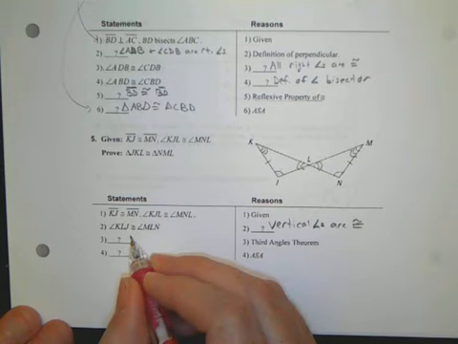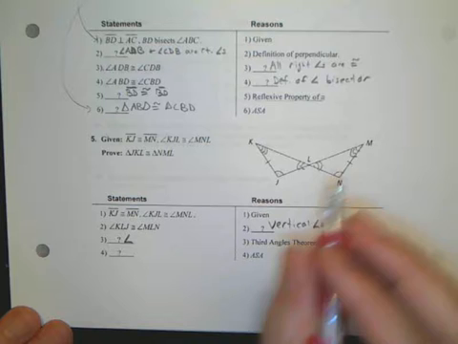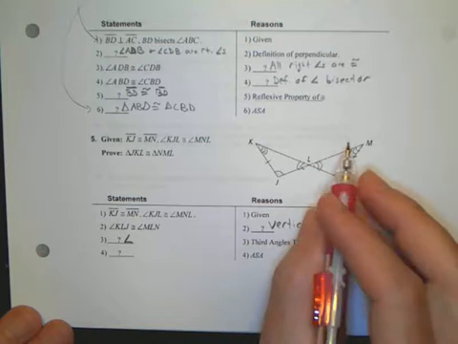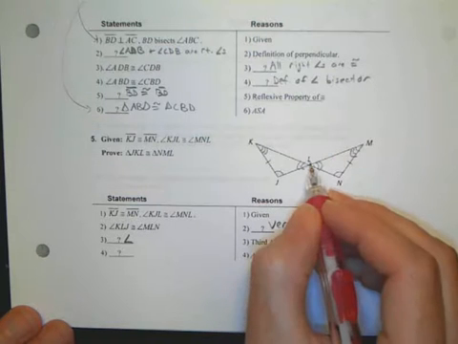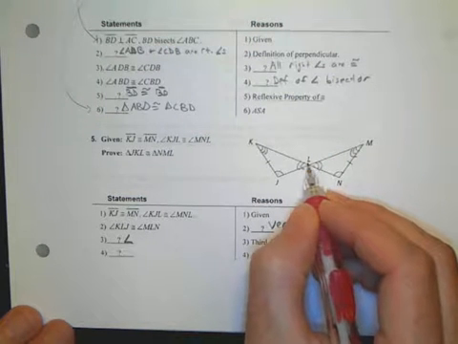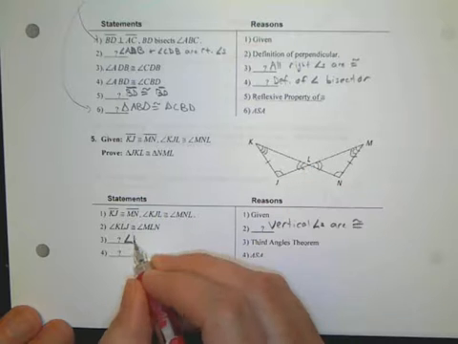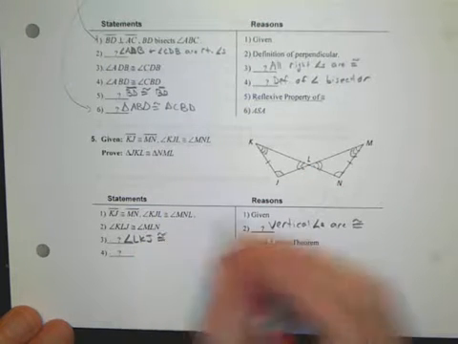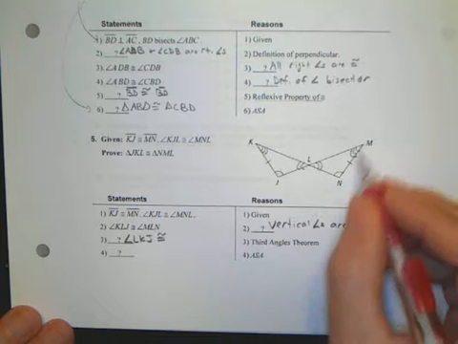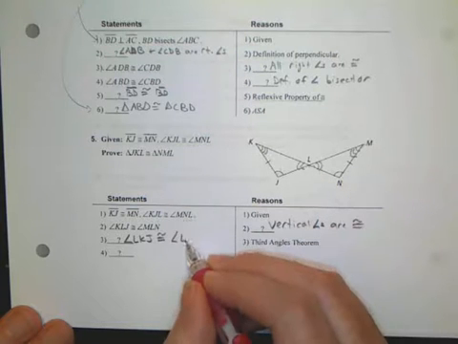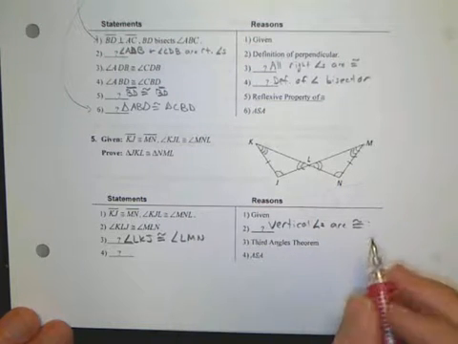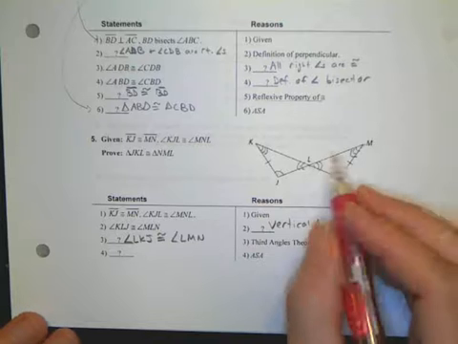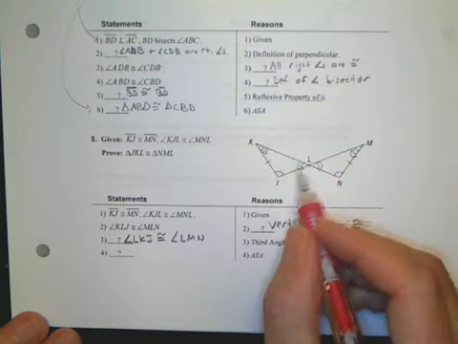So we would say that triangle, here, watch your order. I'm going to go ahead and start with my one at the vertex here. I'm going to go LKJ, so triangle LKJ is congruent to triangle LMN. As a result of that, I know that I have angles that match.